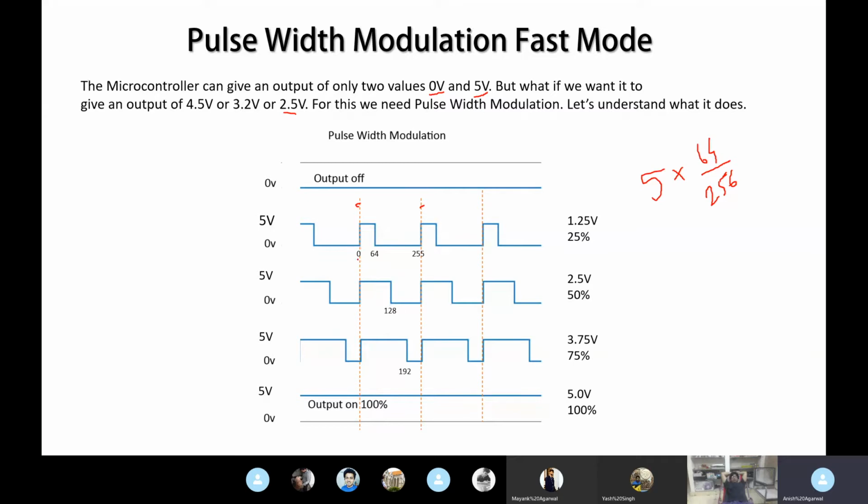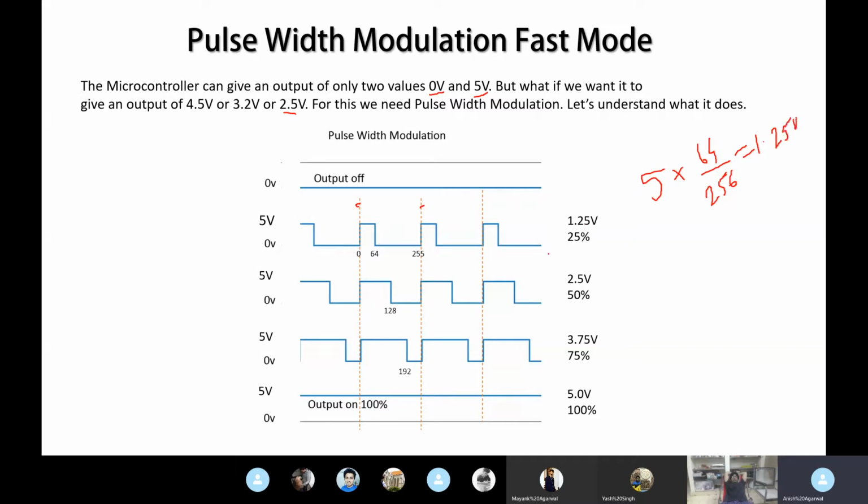So basically it is counting the values 0 to 255, which is 256 values. So in one cycle the value is high for 64 bits and low for the other 192 bits, because of which this is the voltage, and as you can see, it will come to 1.25 volt.